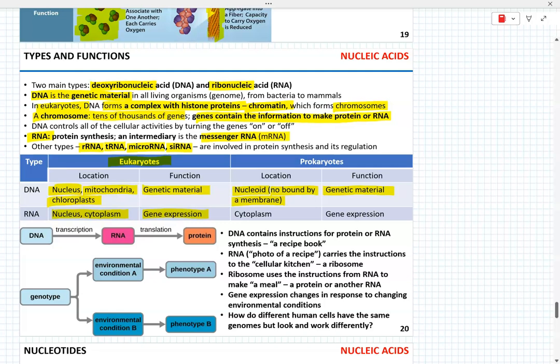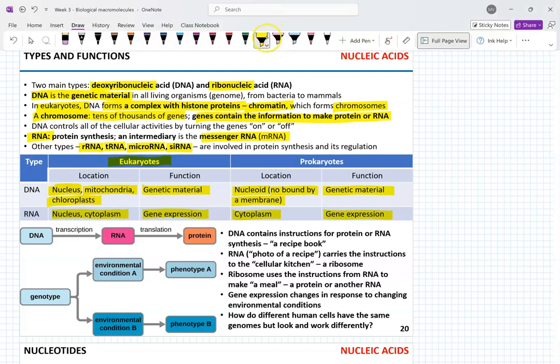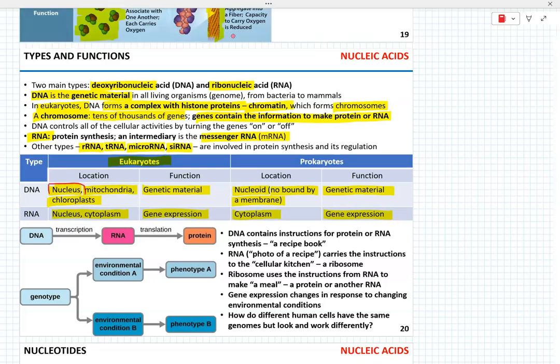In prokaryotes, it can be found in the cytoplasm, since they don't have a nucleus, and also serves as the gene expression intermediary. I want to highlight that in eukaryotic cells, DNA can be found only in the nucleus or mitochondria and chloroplasts, but not in the cytoplasm.